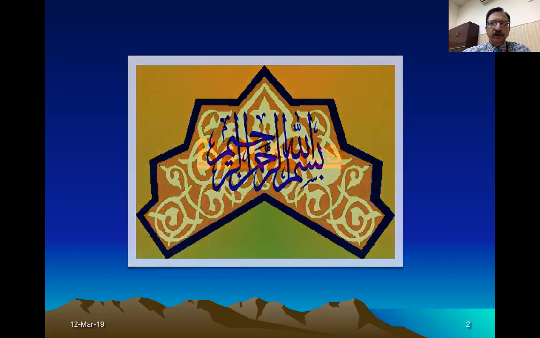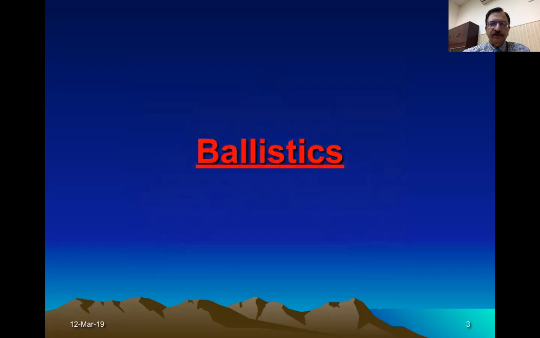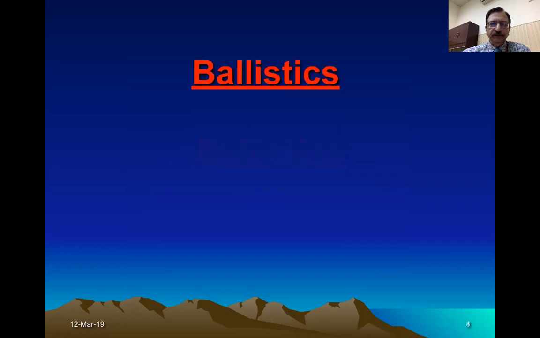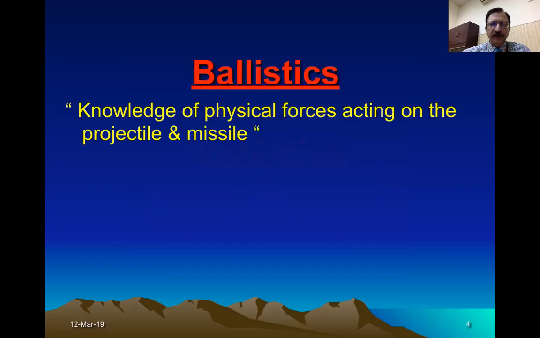So continuing with today's topic about firearms, today we'll discuss the ballistics. Ballistics is basically the knowledge of physical forces acting on the projectile or the missile.